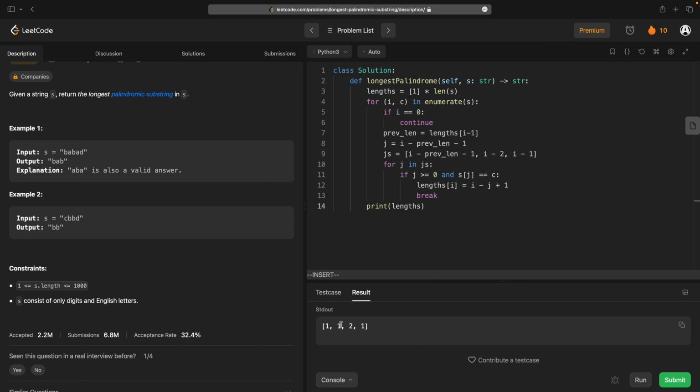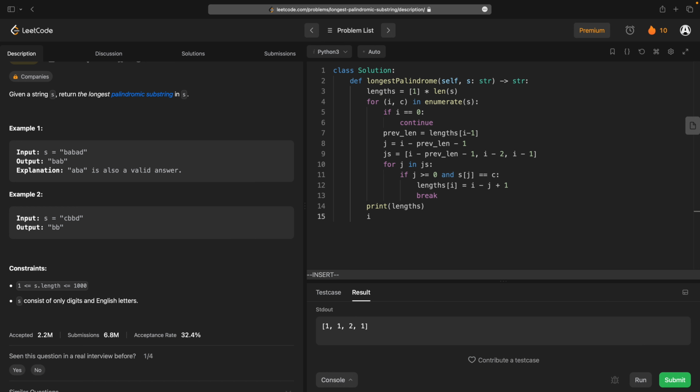So now what I need to do is take this and turn that into the longest palindromic substring. The way I do that is I find the maximum one of these, or I find the index of the maximum one of these, and then take that many characters back.